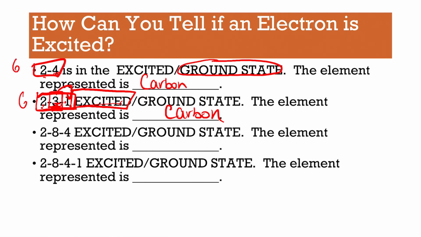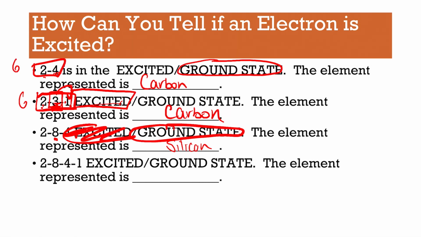And 14 is silicon. So now the question is, is it ground state or is it excited? You should say ground state, because it matches the periodic table exactly. Plus that second shell is full, and then it makes another one.